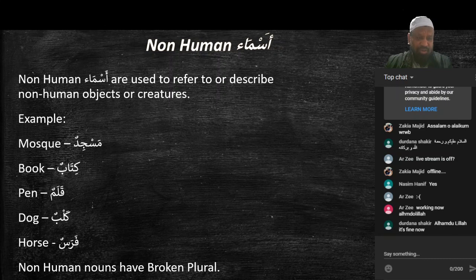These are the objects, non-human, and creatures, kalbun, dog, farasun, horse. So all non-human asma have broken plural.